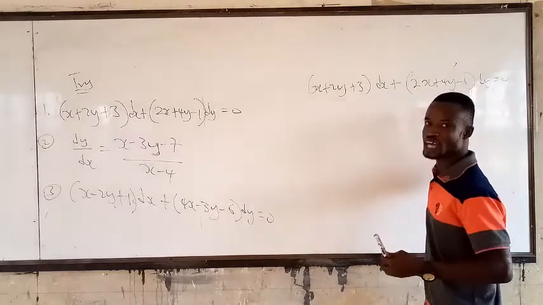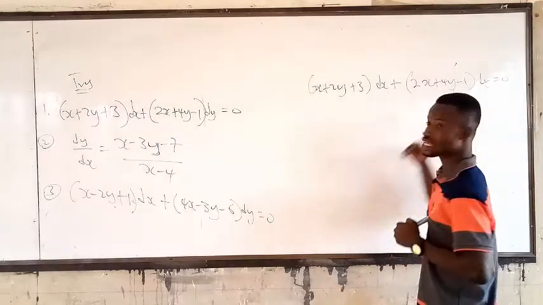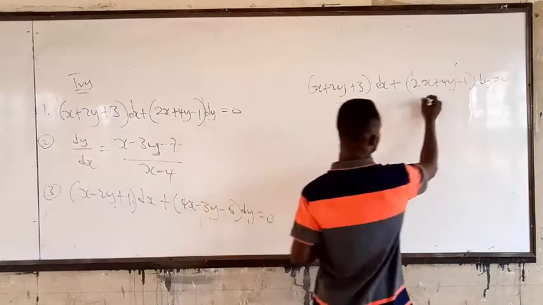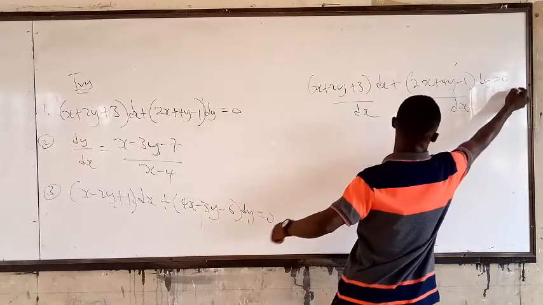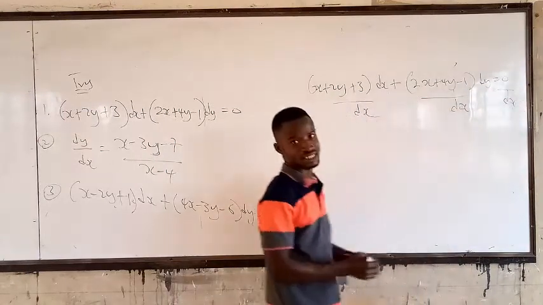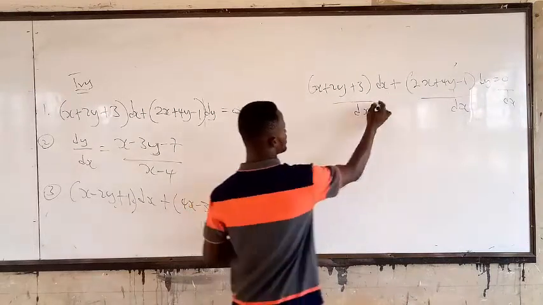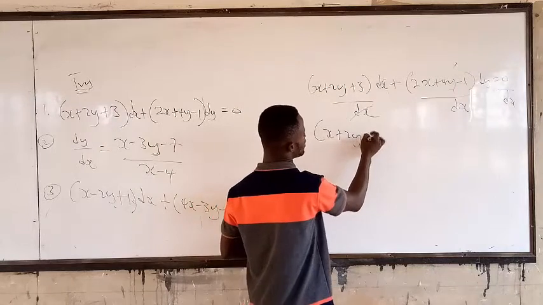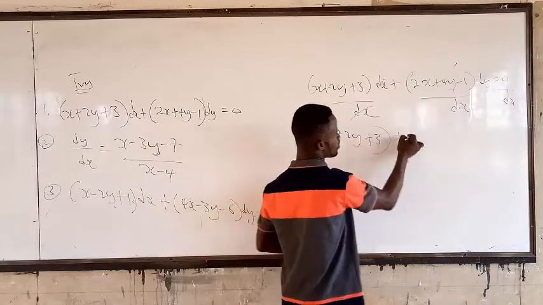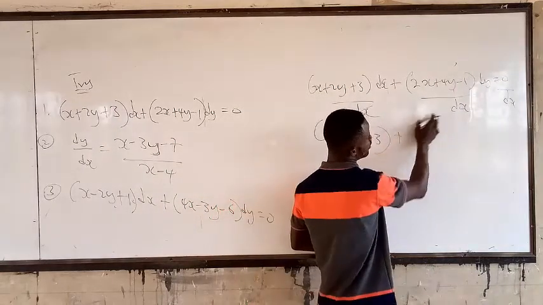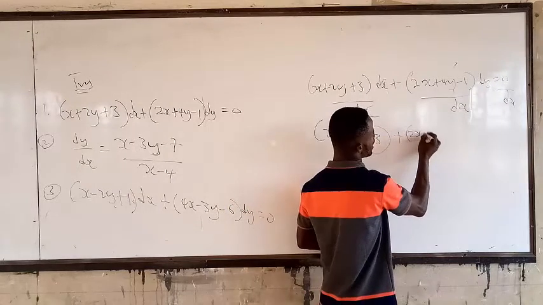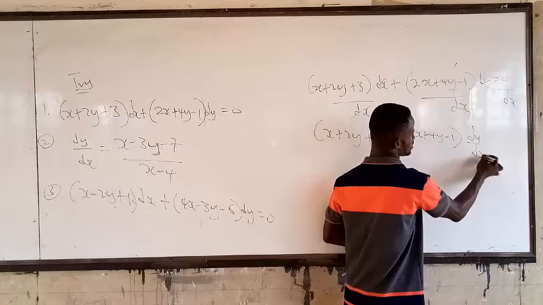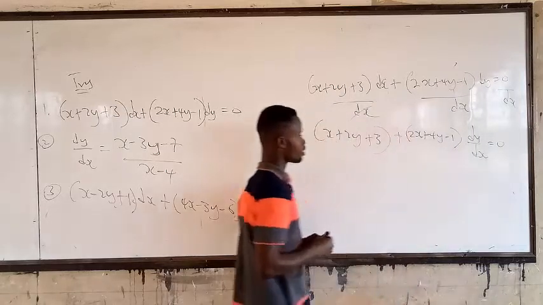So you divide both sides by dx, because we have to get something like dy/dx. When you divide here by dx, 0 by dx is 0. So this cancels this. So you get x plus 2y plus 3 plus (2x plus 4y minus 1) dy/dx is equal to 0.